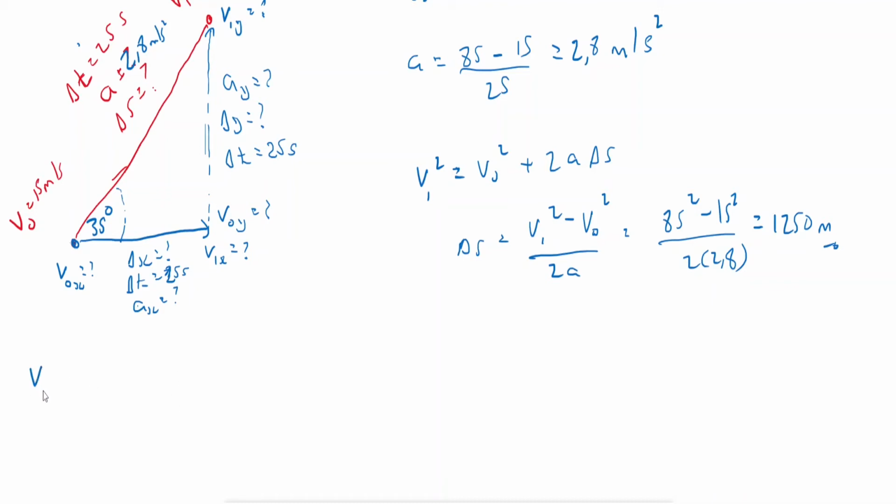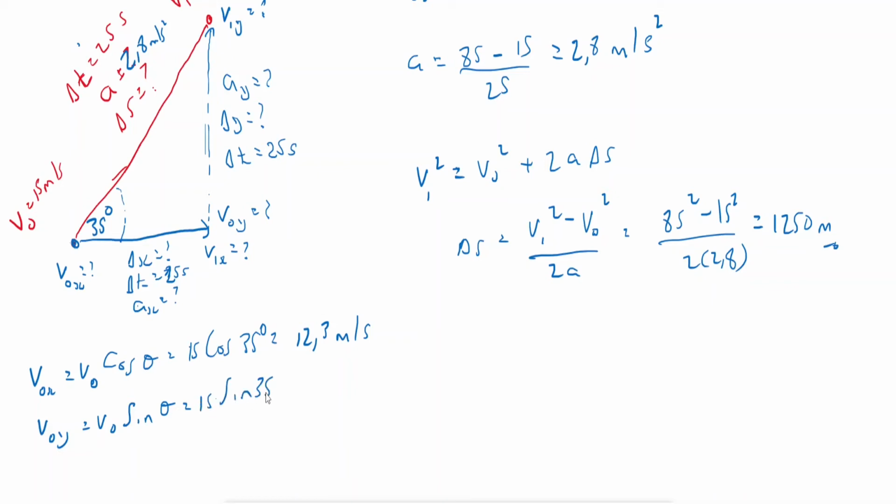For the initial velocity, the x component is going to be v0 cos of theta, which is 15 cos of 35 degrees, which is equal to 12.3. Okay, and then v0y is going to be v0 sine of theta, which is 15 meters per second sine of 35 degrees, and that is equal to 8.6 meters per second.